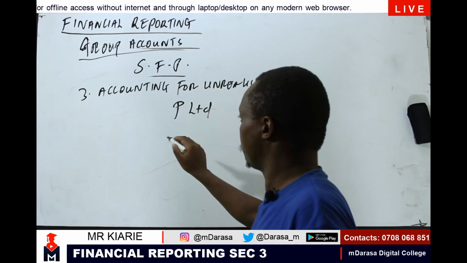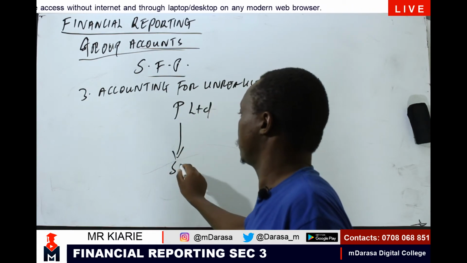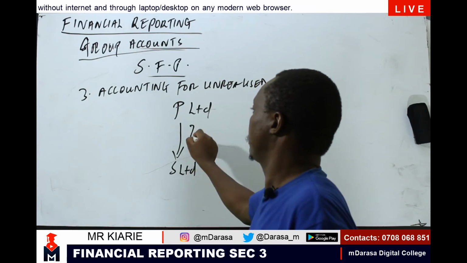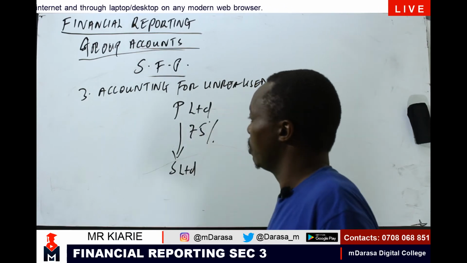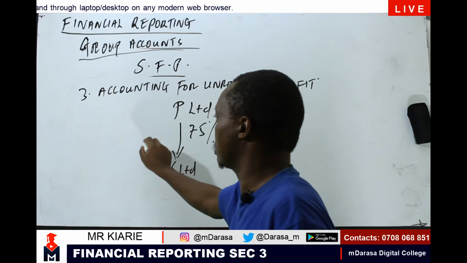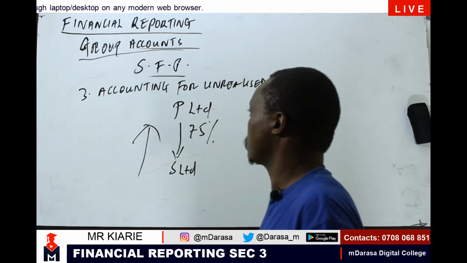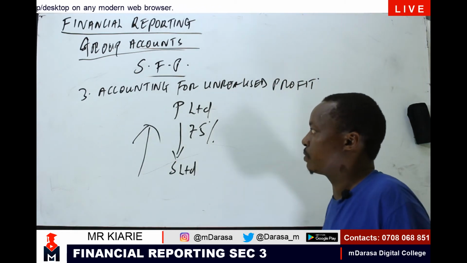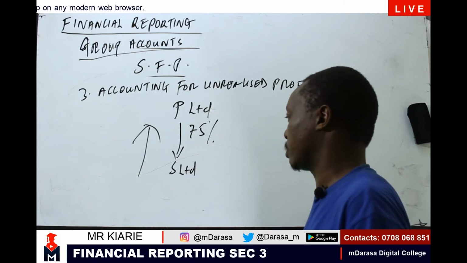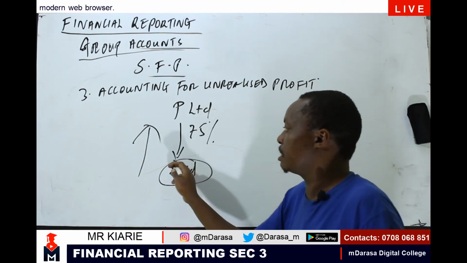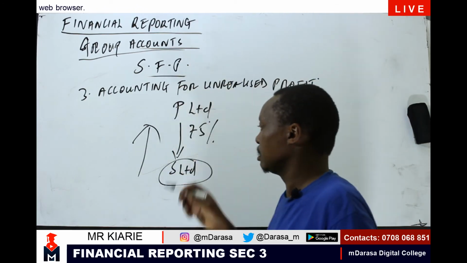Supposing that this is P Limited and this is S Limited, 75% owned, when goods flow upwards from S to P, that is what we refer to as an upstream transaction. Goods are coming from the subsidiary back to the parent.